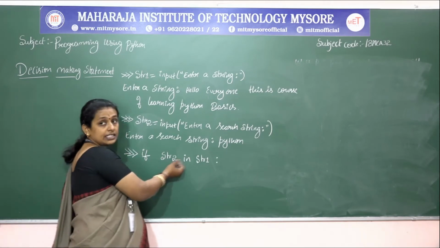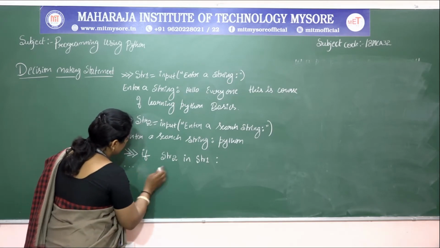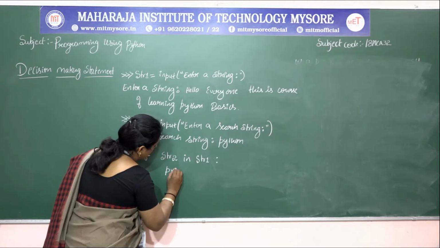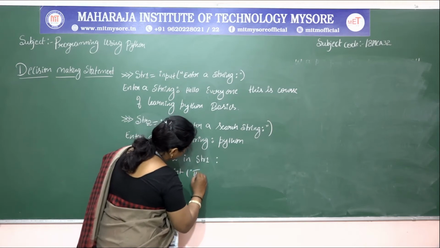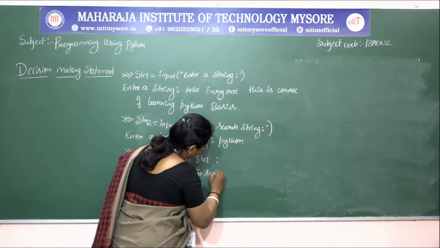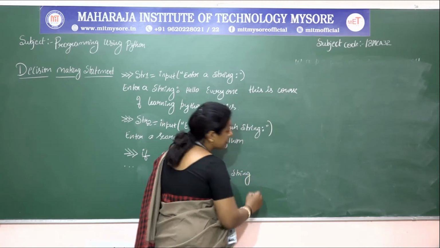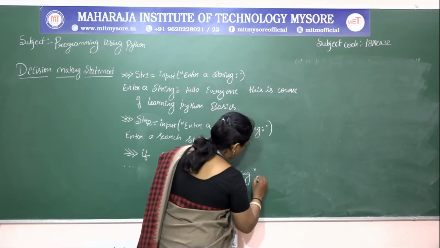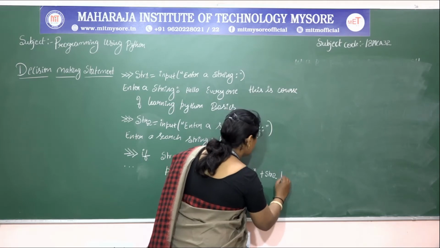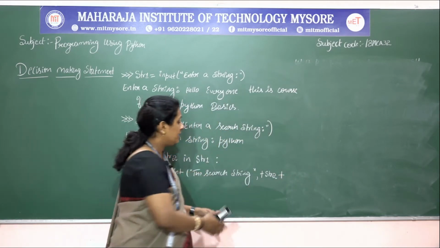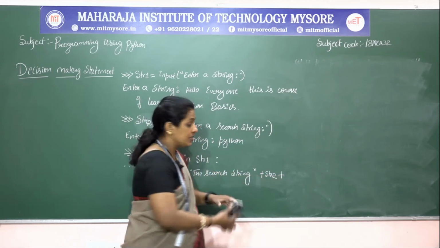If this string is present in string 1, then tab space, print the search string plus str2, plus str. Here I am concatenating the strings with the value.